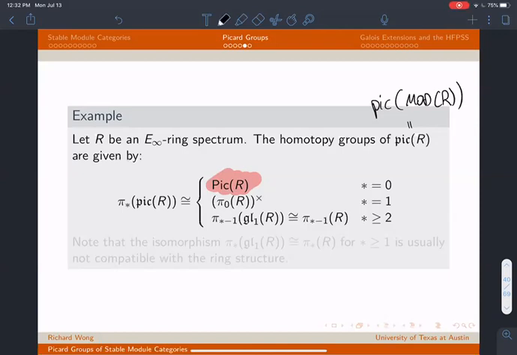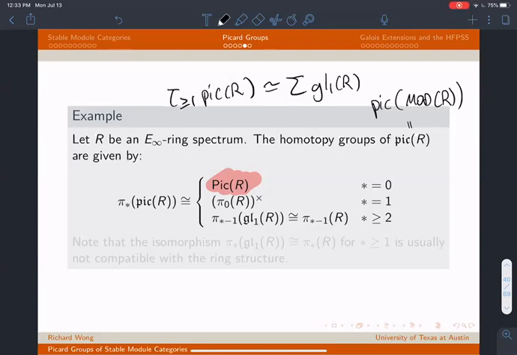And in higher degrees, it turns out that this Picard spectrum, in degrees greater than or equal to 1, is equivalent to the suspension of GL1 of R, the units of this ring spectrum. This is really nice because we understand GL1 R very well.